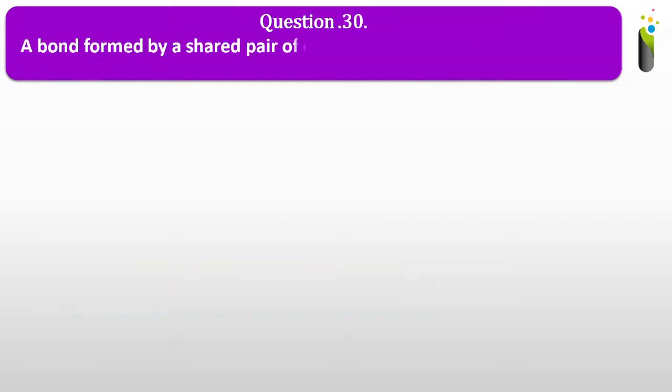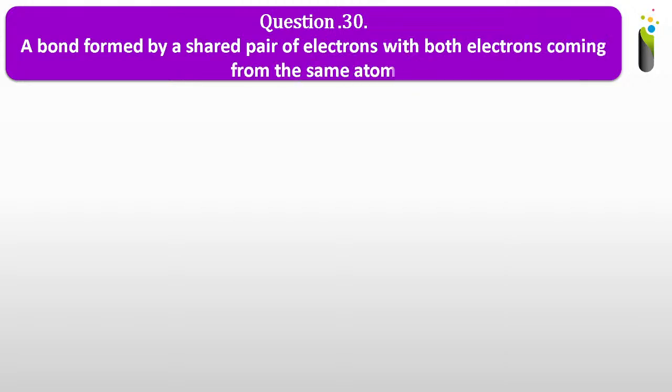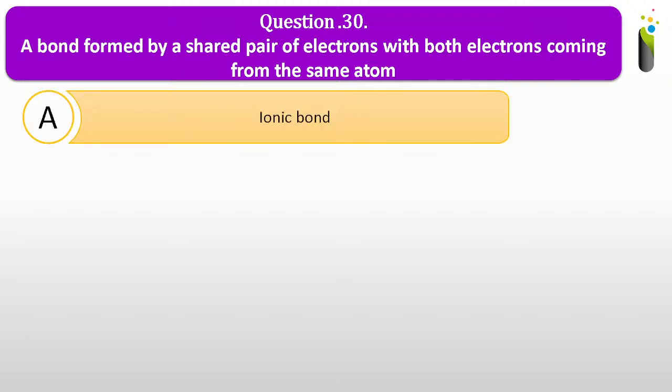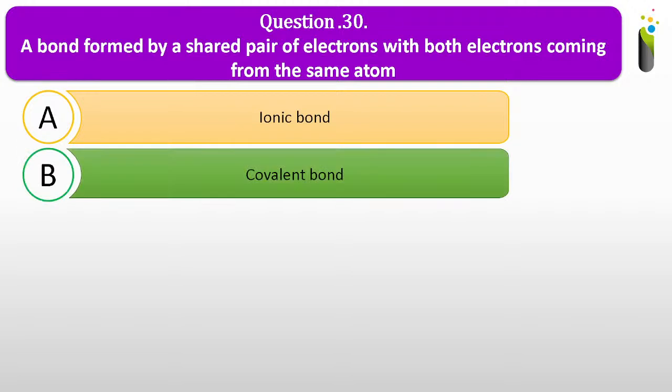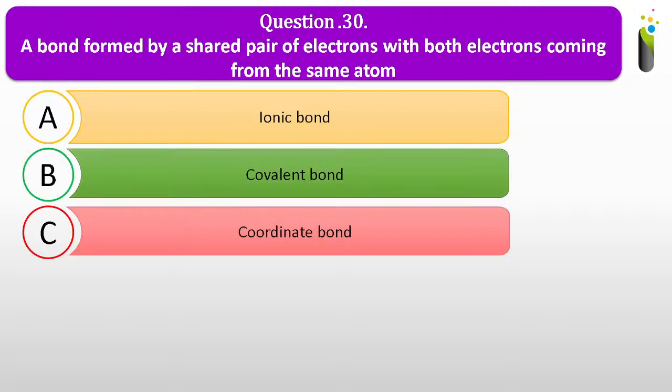Question number 30. A bond formed by a shared pair of electrons with both electrons coming from the same atom is dash. A. Ionic bond. B. Covalent bond. C. Coordinate bond. D. None of these.